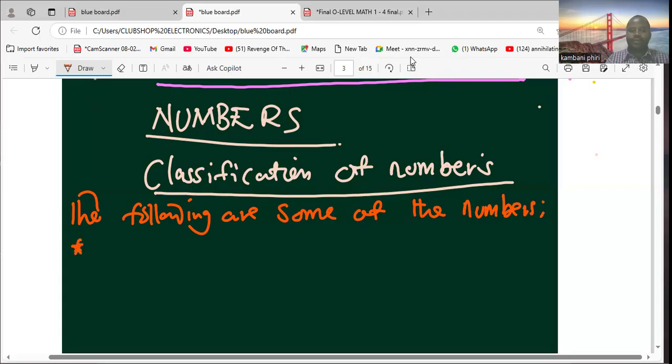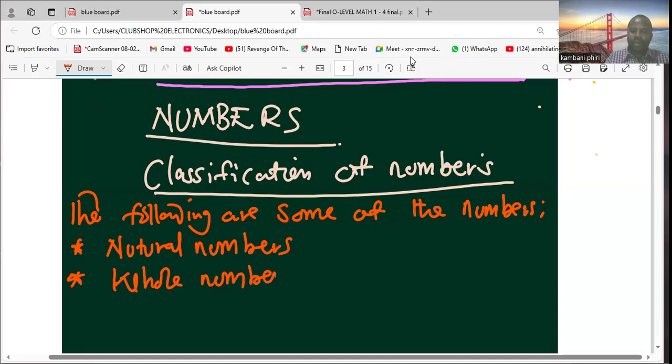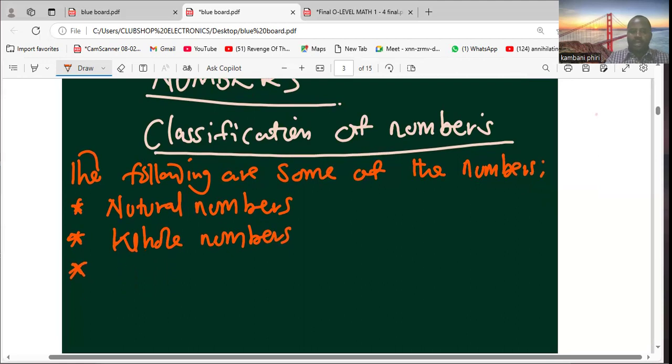We have natural numbers. We have whole numbers. We have integers.